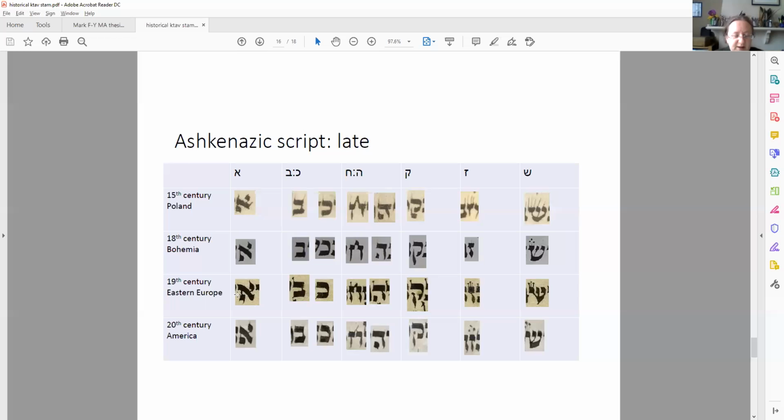Sometimes you get a little sticking out bit on the left-hand corner of Aleph's foot. Sometimes you don't. That's one of the things that characterizes Arizal script, which is a whole different kettle of fish. But Ashkenaz starts to get complex because it's got tons of halachists, all being neurotic, all writing down exactly what they think that they should see.